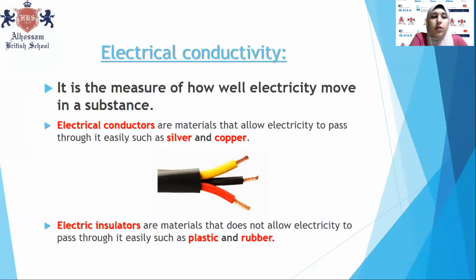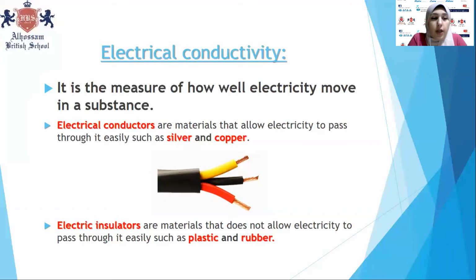Now, electric conductors are materials that allow electricity to pass through them easily. Such as what? Same examples: copper and silver. The thermal conductors were copper, silver, and iron.